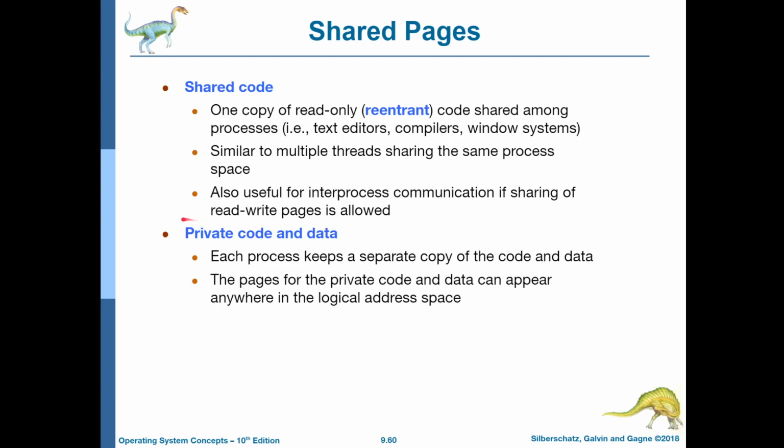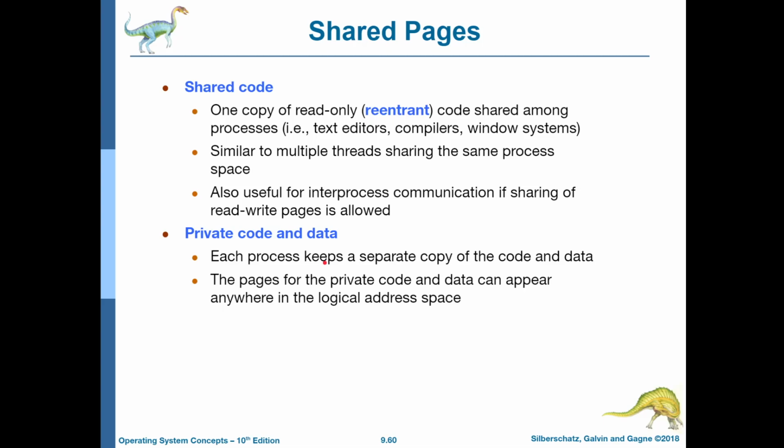Of course, we do have a point where we have private code and private data. So when processes don't share, they'll keep separate copies of code and data. In the case of fork, while they may share the same instructions, they don't necessarily share the same data. And that data will be differentiated with different frames.